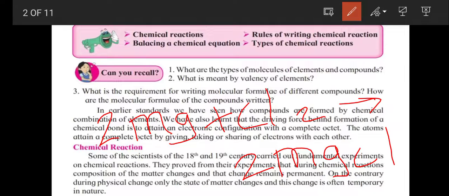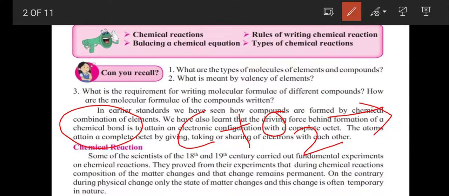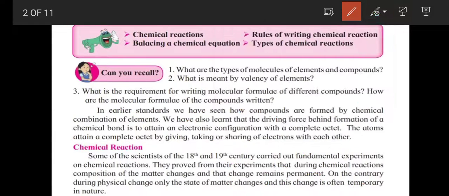Whenever a ribbon of magnesium is ignited in the presence of Cl2 gas, there is a formation of MgCl2. Similarly, carbon when reacted with oxygen, or wood when burned in the presence of oxygen, forms the CO2 molecule, that is carbon dioxide gas. So here also a combination reaction is there. That is called a combination. We will further discuss what is meant by combination when we discuss the types of chemical reaction.